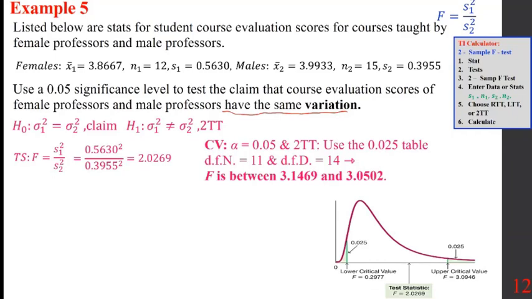You have the upper one with a 3.0946. This is from technology. The lower critical value, 0.2977. This is from the technology. Now, even with the table and without the technology, the number 2.0269 is clearly less than both numbers that you pick up from the table, which is way into the non-rejection region.